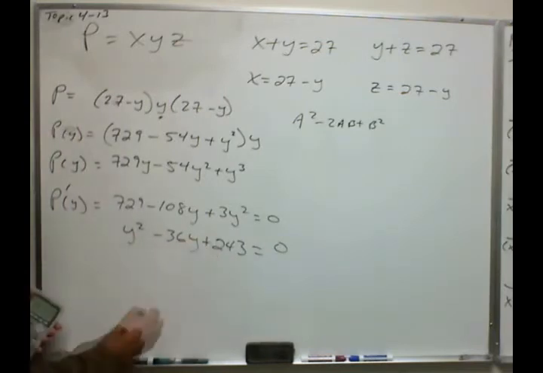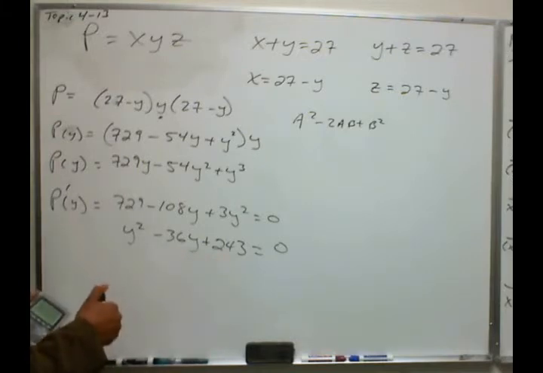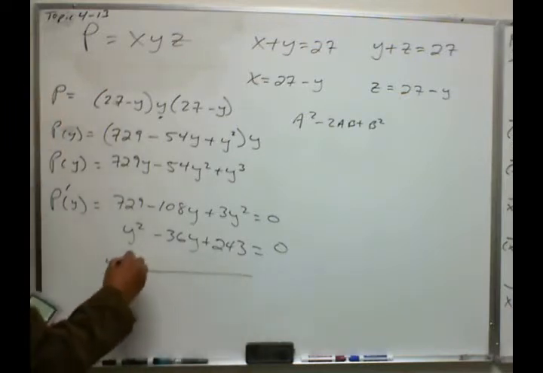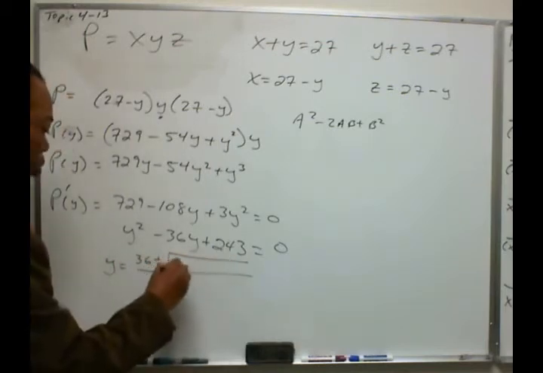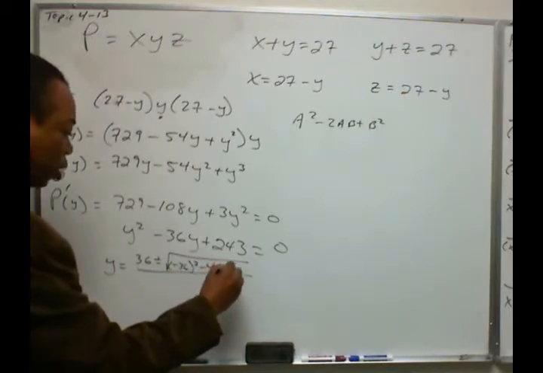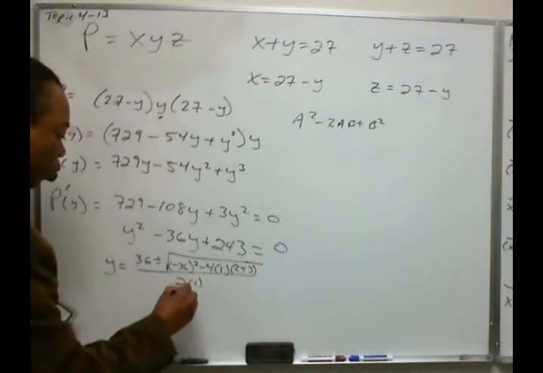Okay, positive here. And let's see, that's a lot of factoring there. I'm going to go ahead and use the quadratic formula, which will be y equals the opposite of b, which is 36, plus or minus the square root of negative 36 squared minus 4 times a, which is 1, and c, which is 243, all over 2 times a, which is 1.